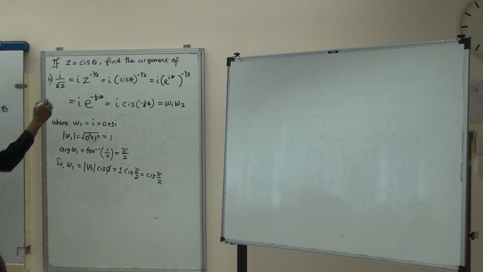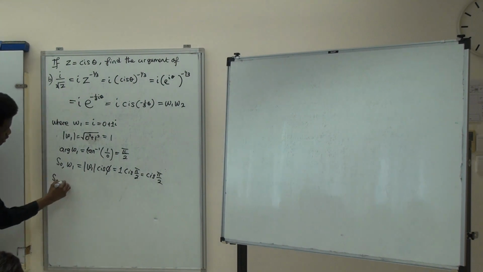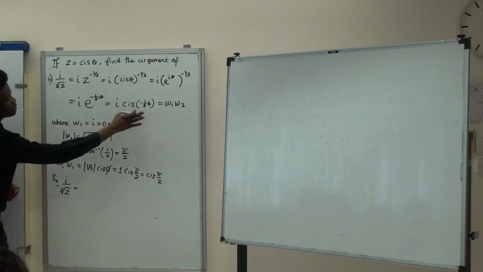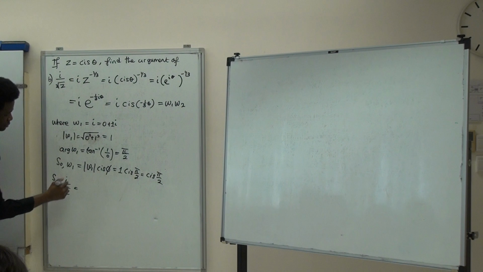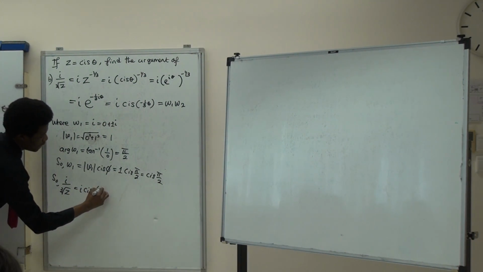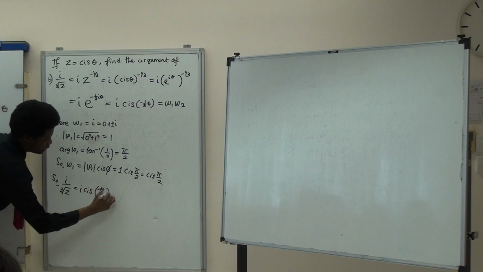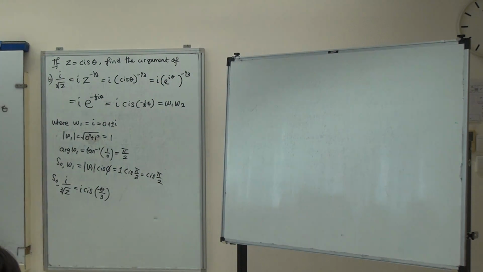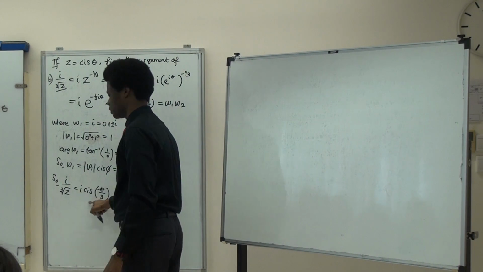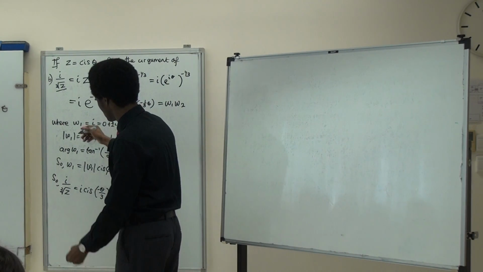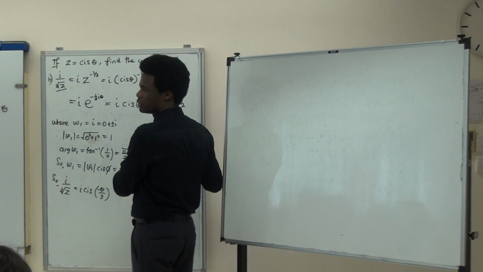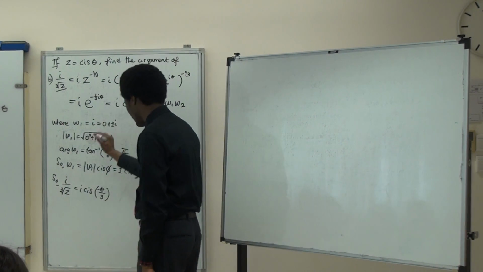So the original question, i divided by the cube root of z, which you have successfully reduced to this form: i CIS, negative theta over 3, right? This is where we stopped. We just diverted a bit, moved out of the original solution because we need this.